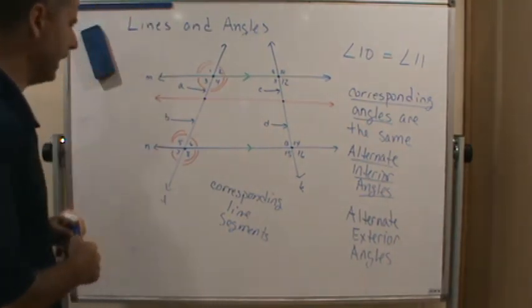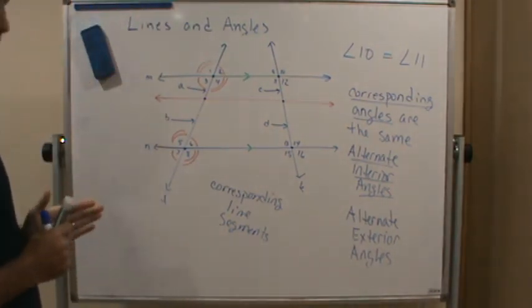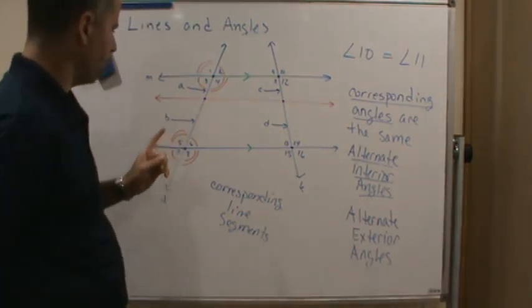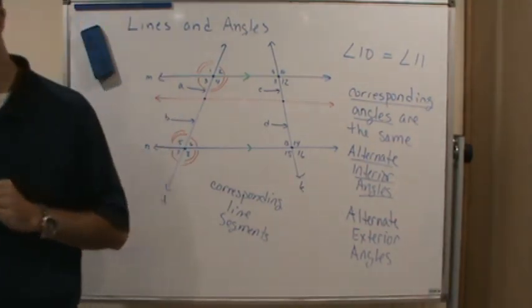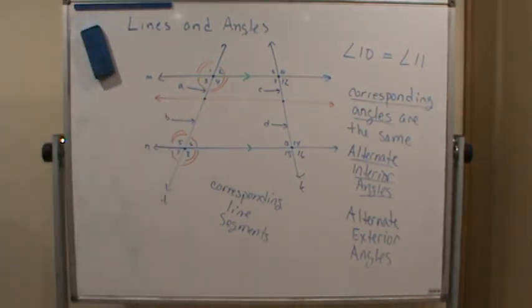Okay, so what is the definition of a corresponding line segment? Well, corresponding line segments are line segments that correspond to transversals. So there's segments of transversals between the same two parallel lines. Okay, so let me say that again.